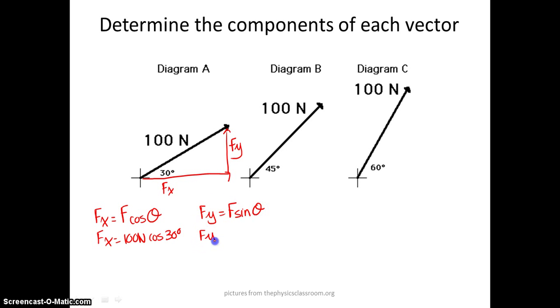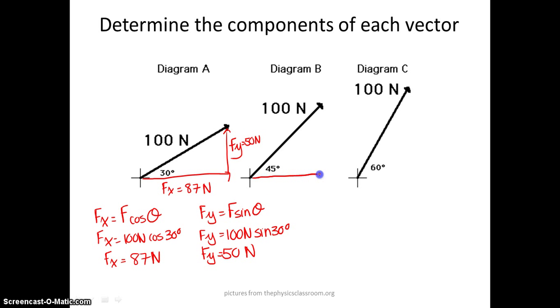So my y component in diagram A is just 100 newtons times the sine of 30 degrees. So I find my x component for diagram A to be about 87 newtons and my y component to be about 50 newtons. So I'm just going to add these into the diagram. This one's about 50 newtons.